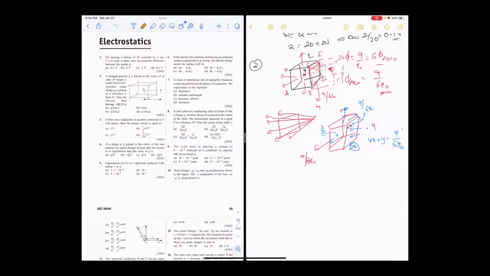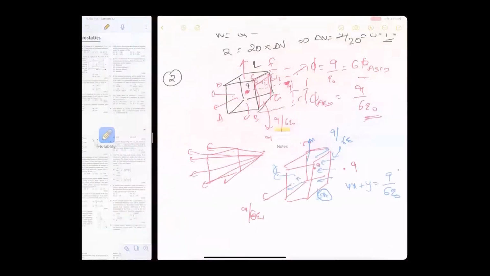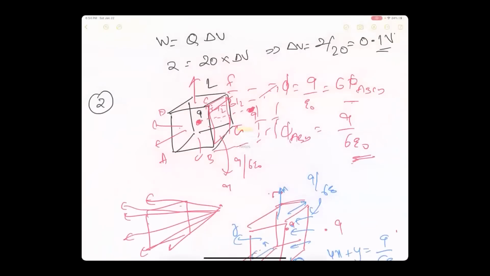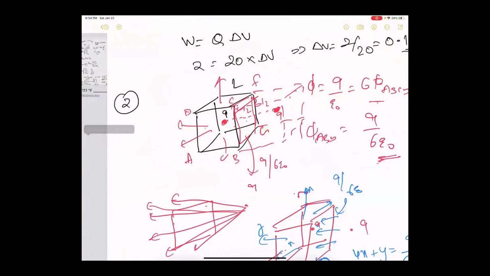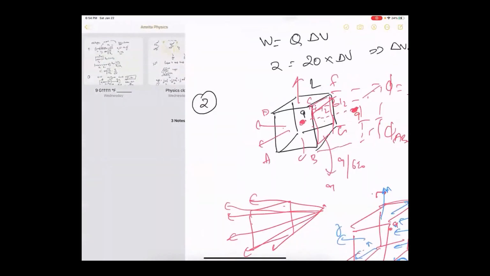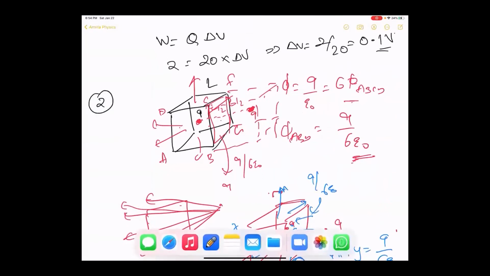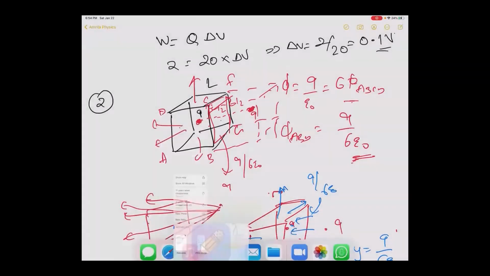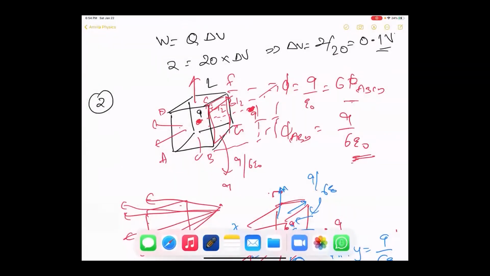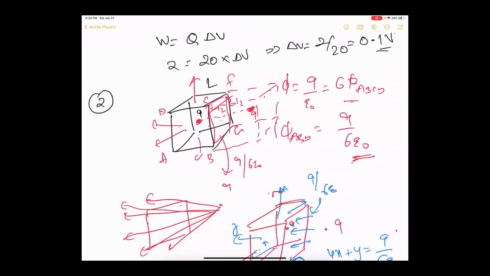So be clear about this again. I'm trying to solve it again. Oh, it's gone or what? Just a minute. Yes, this is gone.